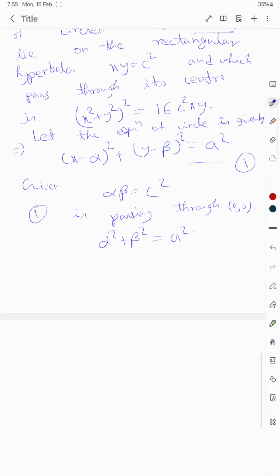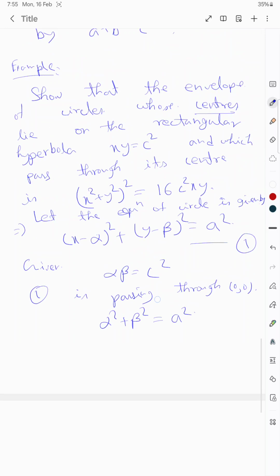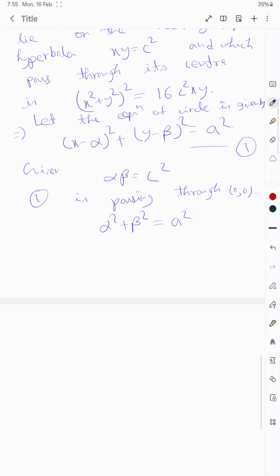Now if you use alpha square plus beta square is equal to a square in your equation 1, from there you will get, using 2 in 1, x square plus, if you expand the square brackets using this formula, you will get this.